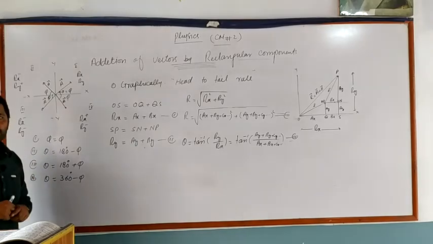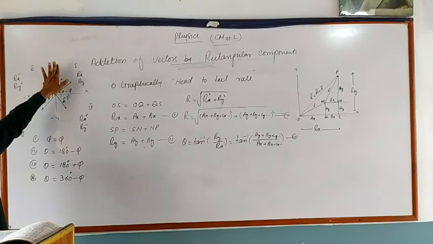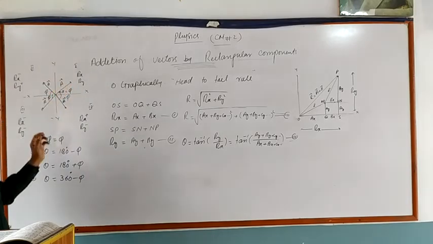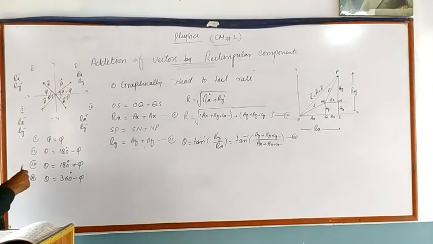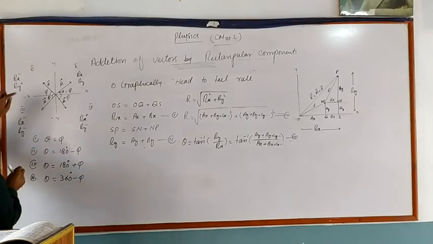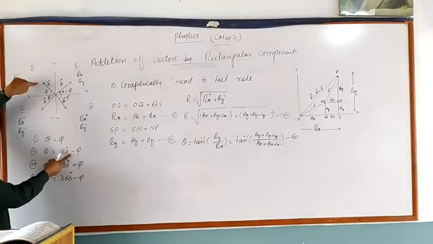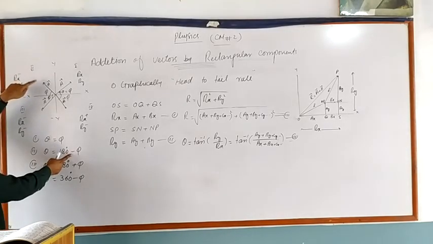In this way, we can say that when both components of a vector are positive, the vector lies in the first quadrant, and its direction will be calculated by the formula theta is equal to phi. When the x component of a vector is negative and the y component is positive, then vector A lies in the second quadrant, and its direction will be calculated by 180 degree minus phi.